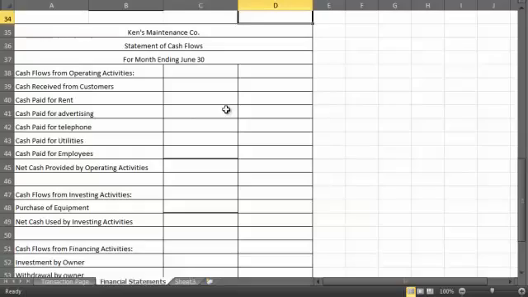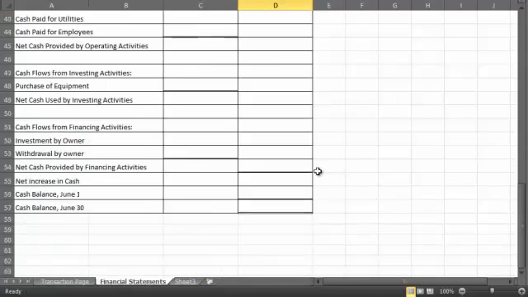We have the operating activities section, which means cash flows for the normal everyday operations of our business. We have an investing activities section, which means an investment in either investments such as stocks or bonds, but also if we are investing in any non-current assets, like equipment. And so we're going to show the inflows and the outflows of cash for investing activities.